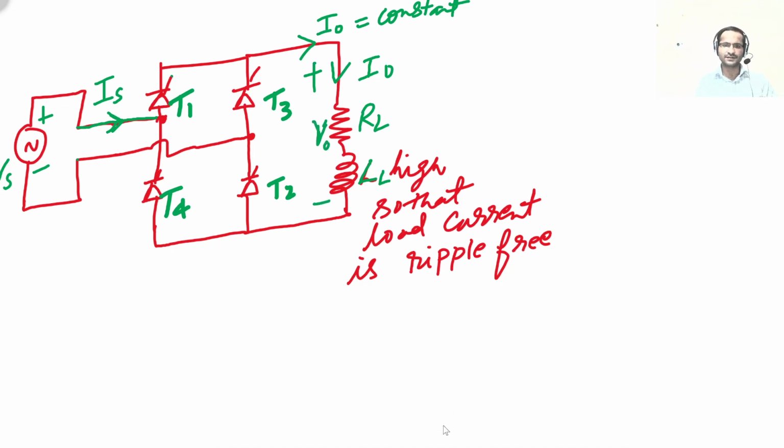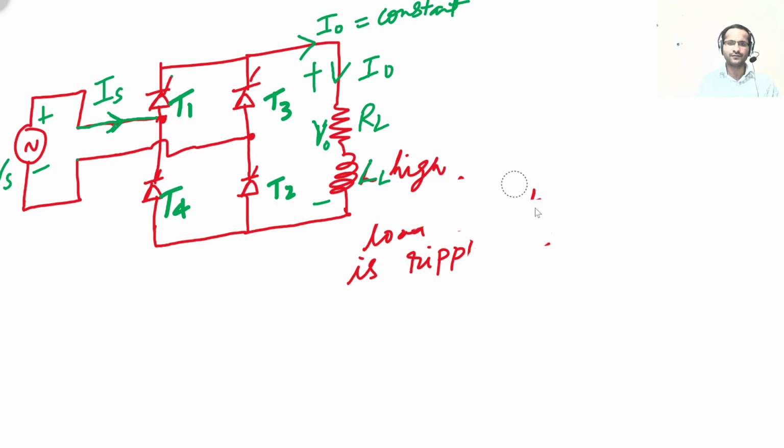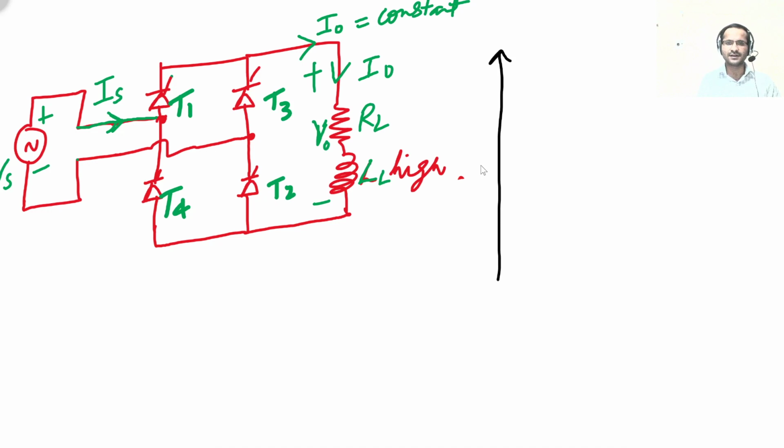Now if we draw the waveforms of this converter for some alpha value, we can easily understand how output voltage and current vary with respect to time. So I have some AC supply here with maximum value Vm, right?